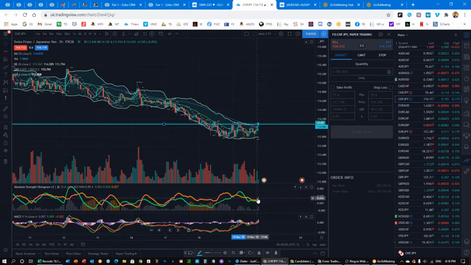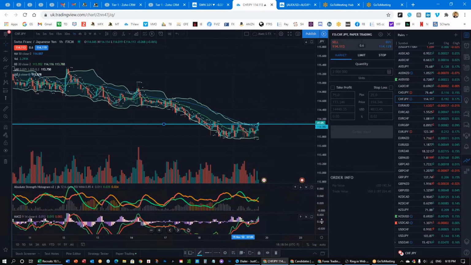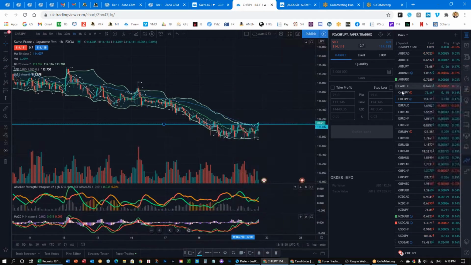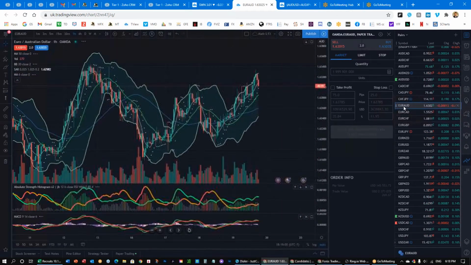And you can see the histogram moving higher. The MACD is a very nice slope there. So that might be a good little trade. But let's keep going.